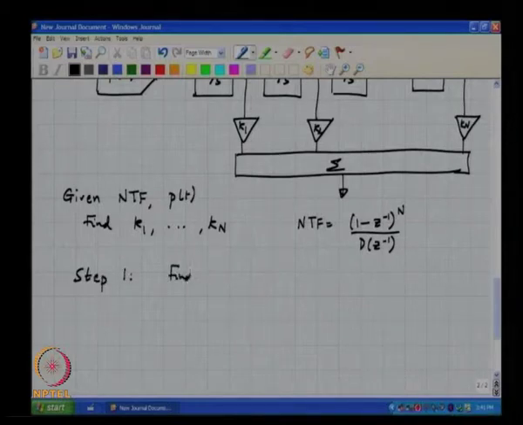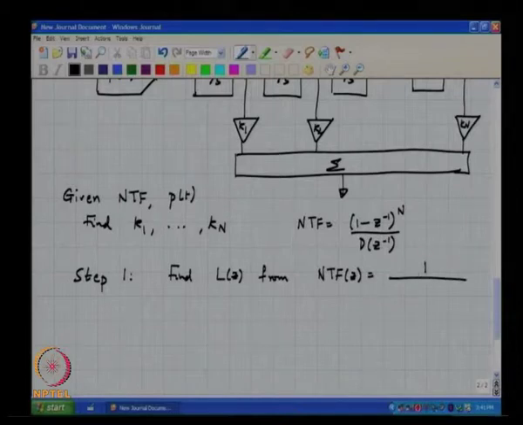Find L of z from NTF of z equal to 1 by 1 plus L of z, all right.